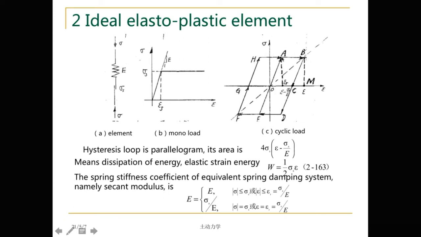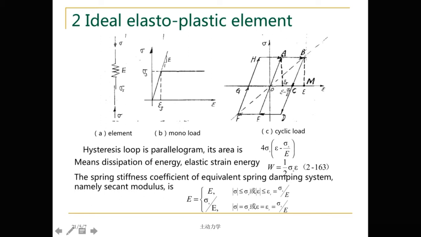Here, this point is the first failure point, and we do know how much the stress is. It's just equal to the strength of the Coulomb body. But how much is the strain here?